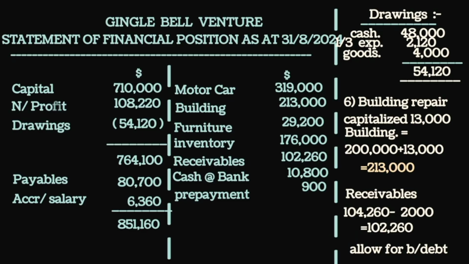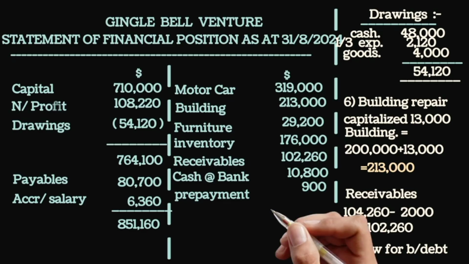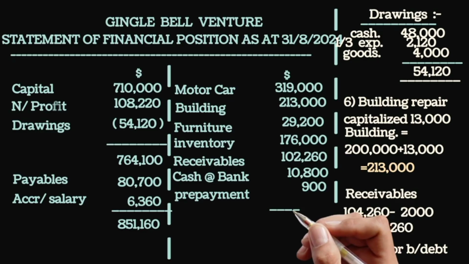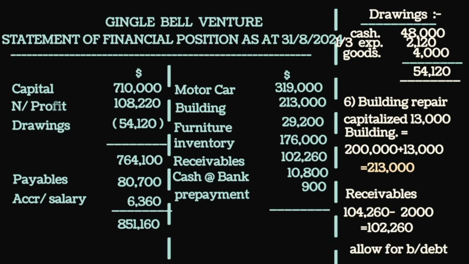There was a prepaid insurance. Prepaid insurance is $900 according to our computation, according to the information in the adjustment section of the question. And by this, we have finished all the assets.